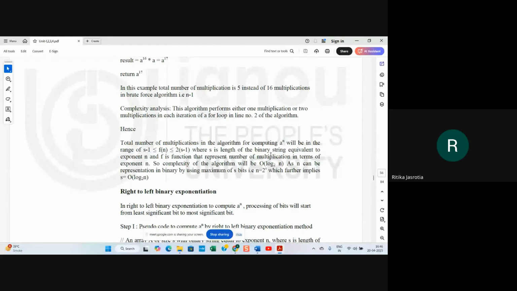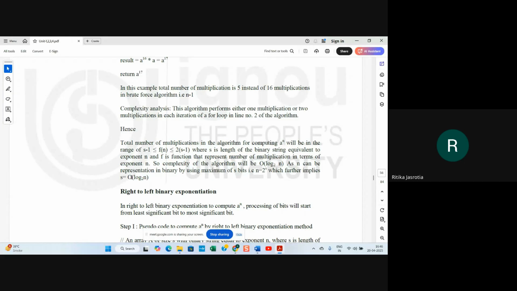So complexity of the algorithm will be O(log2 n) here, as n can be represented in binary by using a maximum of s bits, that is n is equal to 2 to the power s, which further implies O(log2 n).